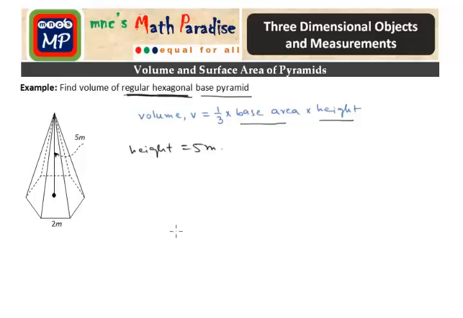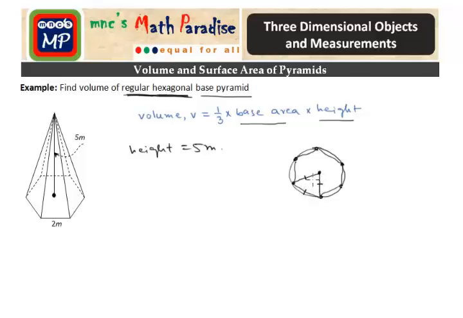A regular hexagon has a special property: all 6 vertices will be on a common circle. So if this is a regular hexagon, it has a property that if we draw a triangle by connecting the center of the circle and 2 vertices, then this triangle becomes an equilateral triangle.